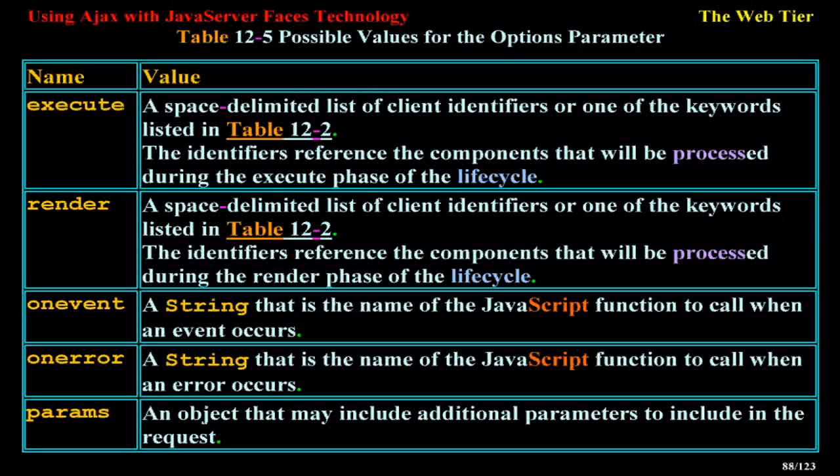The identifiers reference the components that will be processed during the execute phase of the lifecycle. Render: a space-delimited list of client identifiers or one of the keywords listed in Table 12-2. The identifiers reference the components that will be processed during the render phase of the lifecycle. onevent: a string that is the name of the JavaScript function to call when an event occurs. onerror: a string that is the name of the JavaScript function to call when an error occurs. params: an object that may include additional parameters to include in the request.